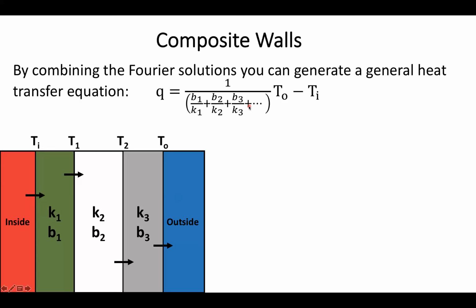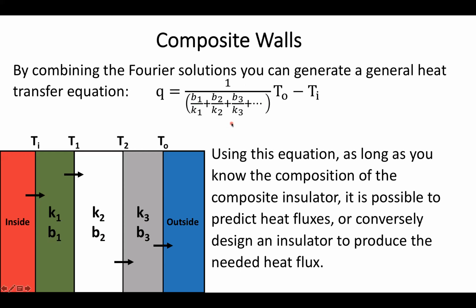Now, one of the real tricks you have to watch out for is instead of adding them up as K1 over B1, like we originally had the equation, we instead have to add them all up in a single denominator. And the K1 moves from being up here to being the denominator of the length. But what ends up happening is that we can end up adding these ratios of size and conductivity together to give a net parameter that describes how conductive the material is.